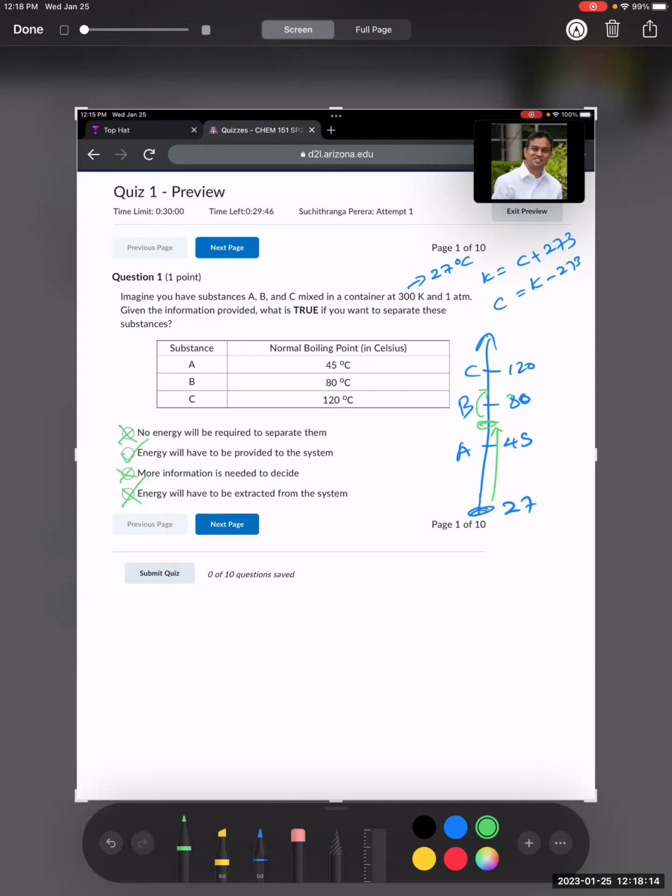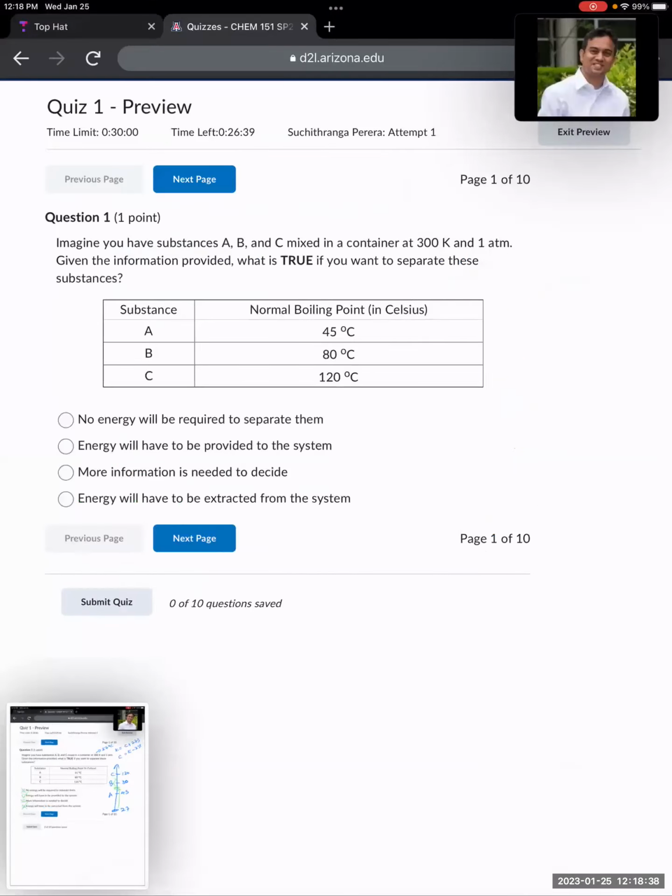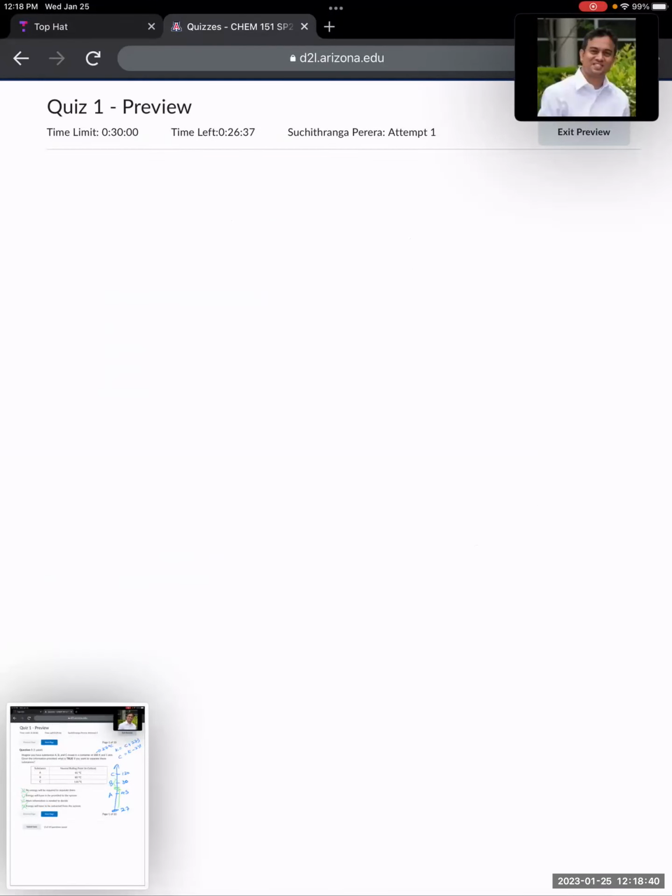If you go below the melting temperature, you will go to the solid phase. The easiest thing to do here is raising the temperature so that we can separate them as liquids and gases. Now let's enter that answer. Moving on.